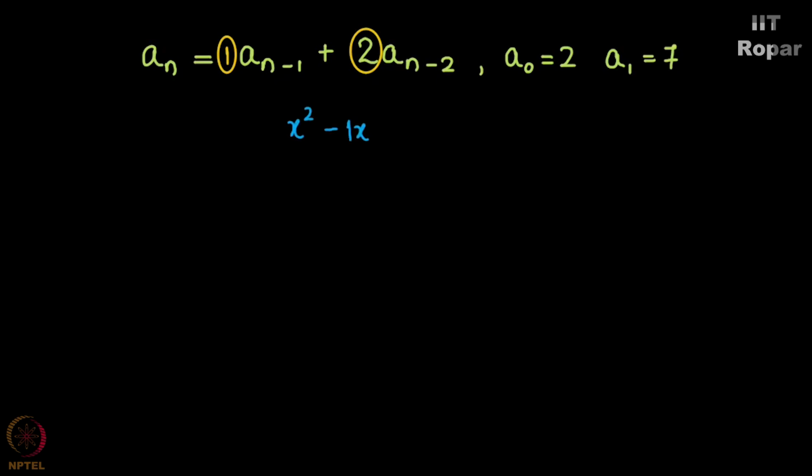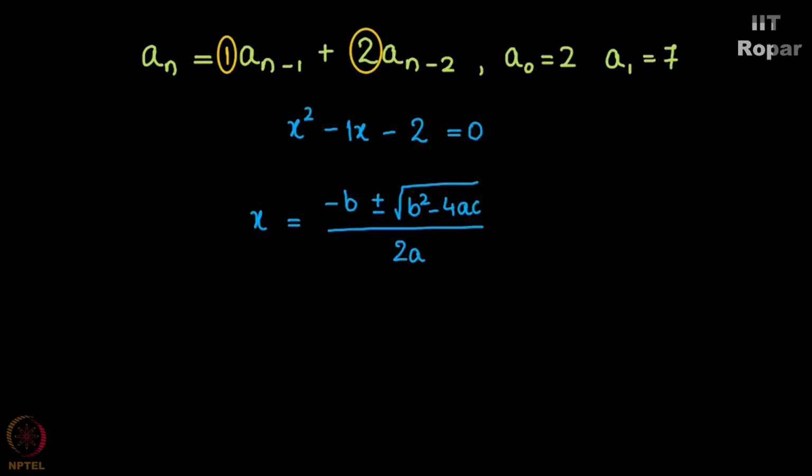x squared minus 1 times x minus 2 is 0. Solve this. Plug in the quadratic formula, minus b plus or minus square root of b squared minus 4ac divided by 2a. Putting all the values, you will get x equals 1 plus or minus square root of 1 minus 4 times minus 2, whole divided by 2 times 1 rather, which is equal to 1 plus or minus 3 by 2, which will give you 2 and minus 1 as the roots.